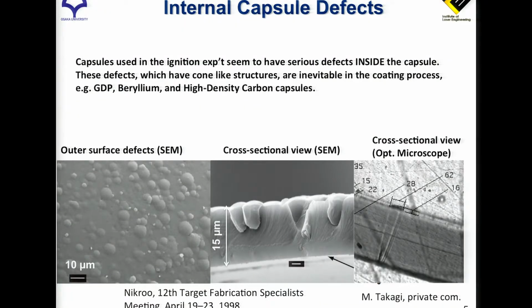This is the picture Dr. Takagi showed me a couple of years ago. In bottom left, that is a surface produced by the coating process of plastic target before polishing. Of course, for use in an ignition experiment, one has to polish this surface.